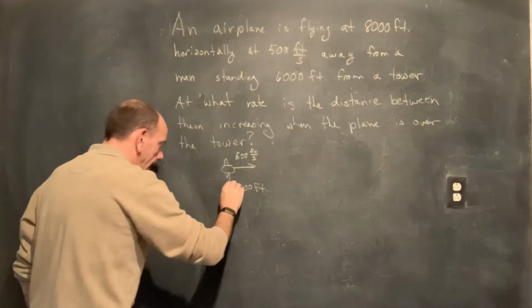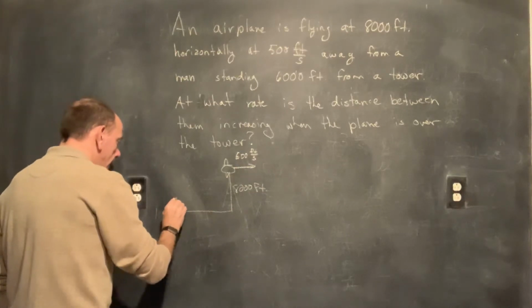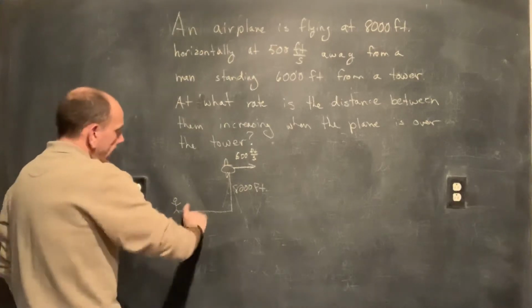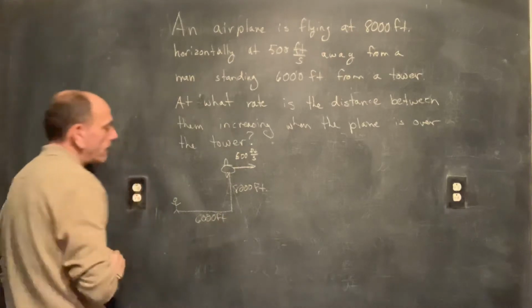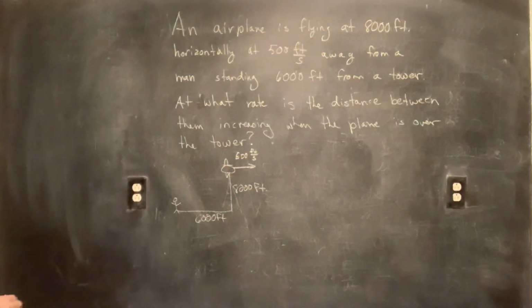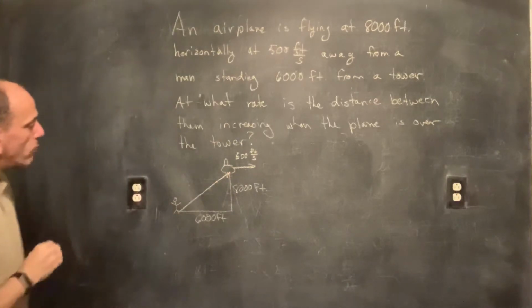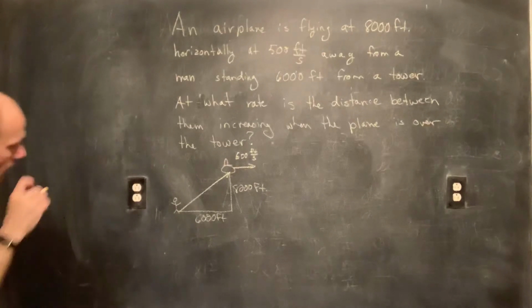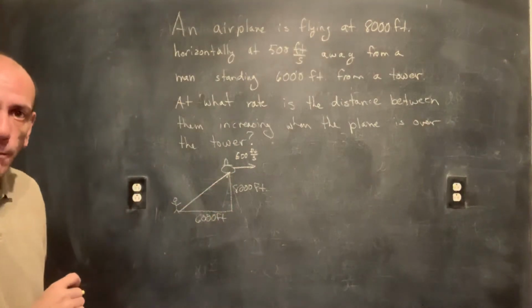Well, there's this tower, and there's a guy over here. He's standing 6,000 feet away from that tower. And the question is, at what rate is the distance between them changing when that plane is directly over the tower?